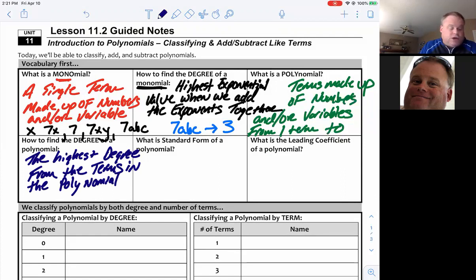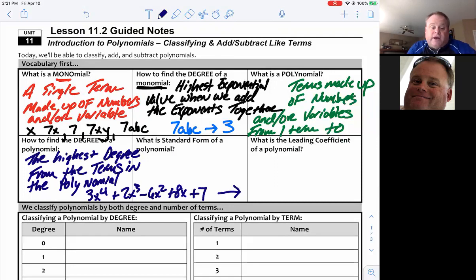Okay, so if I had this polynomial, 3x to the fourth plus 2x to the third minus 6x squared plus 8x plus 7, the degree of this polynomial is going to be the highest degree present. In this case, that means the biggest power, right?